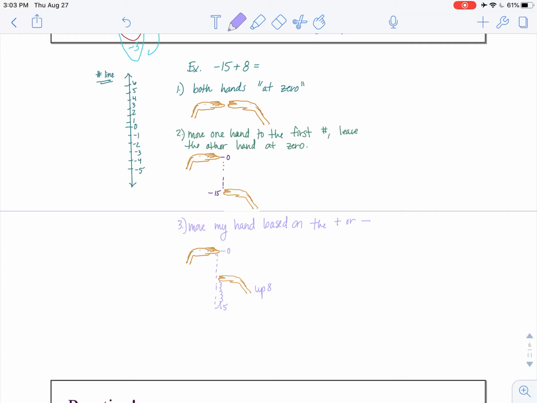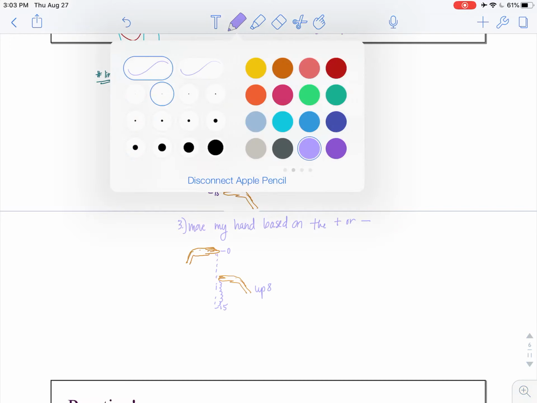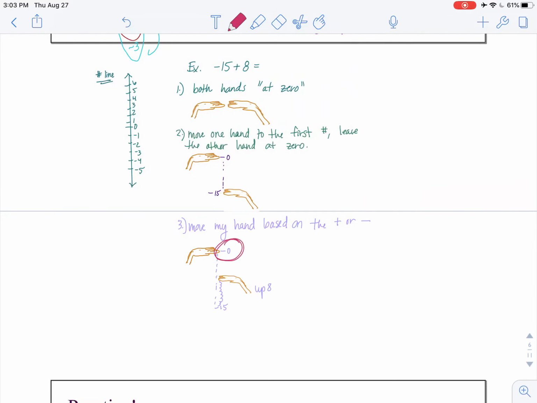I know that -15 plus 8 is not -23. I can see that it's still below 0, so it's still going to be negative, but I moved it up 8, so it's going to be greater than -15 because it's going up, getting closer to 0. So then I can do the math: 15 minus 8 is 7. Oh, it's -7 because it's still below 0.